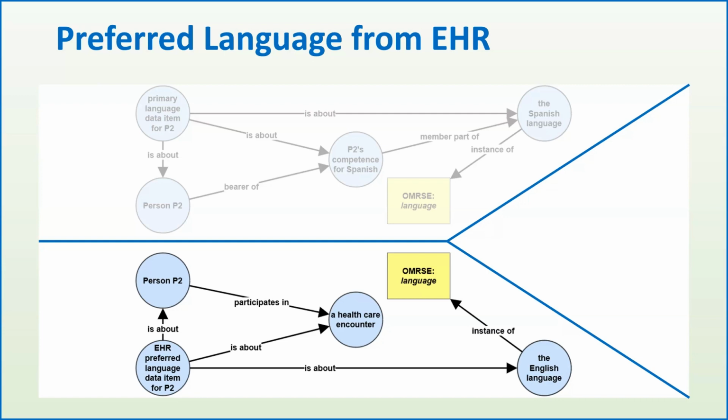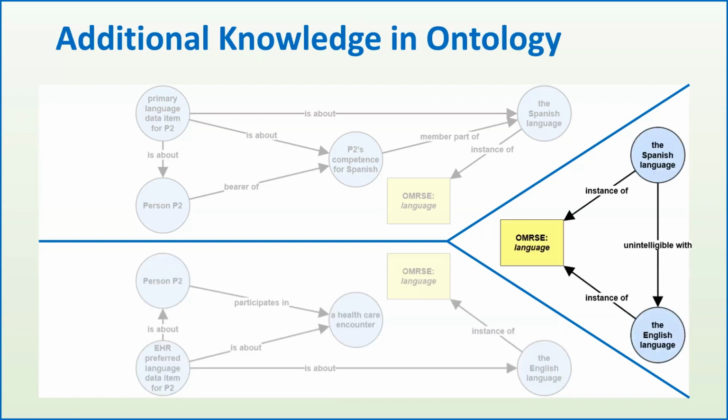So now we've got a couple of common elements here, the language class and the person. And then we can also get additional information related to this built into an ontological representation. And so we could make use of, for example, the OMERS language individuals file, which has several languages represented as named individuals and as instances of OMERS language.